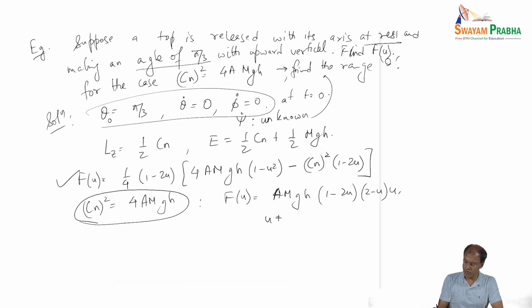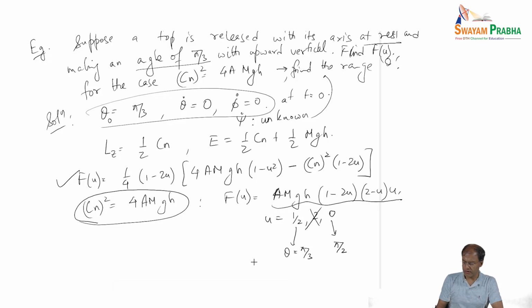Okay, so there are three roots of f of u set equal to 0. We will get three roots: u is half, u is 2, and u is 0. And of course we can neglect u equal to 2, and we see that corresponding to half we have theta equal to 60 degrees, pi by 3, and corresponding to 0 we have theta equal to pi by 2.